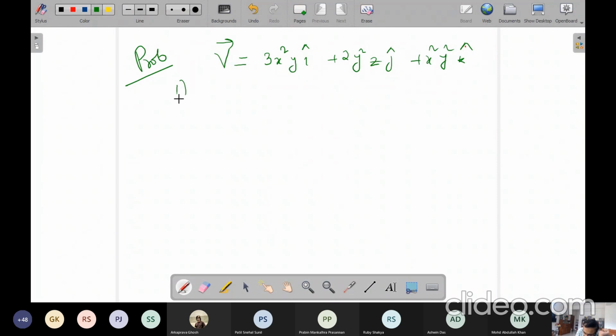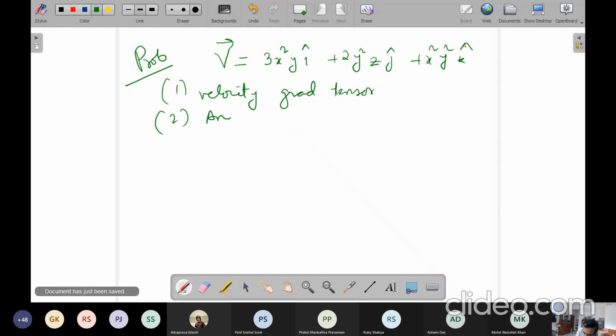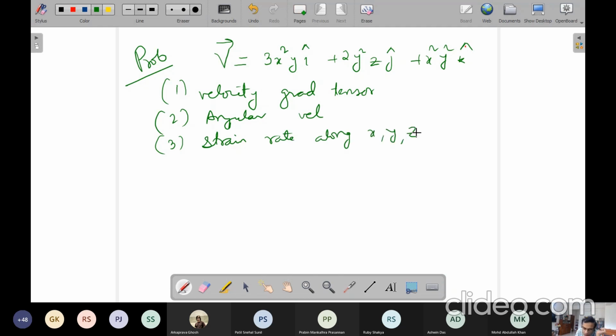So you have to write expressions for the velocity gradient tensor, angular velocity, strain rate along x, y, z. These are all very important kinematic parameters.